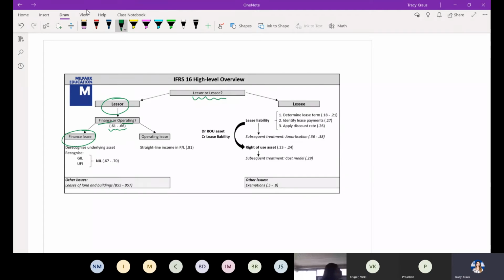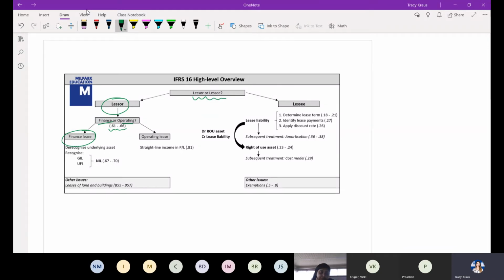From an accounting perspective, remember, we think about substance over form. We're not concerned with the legal structure. Just because we're calling it a lease, in substance, we've given away the real core benefit of ownership to the lessee, and therefore we need to de-recognize the asset.